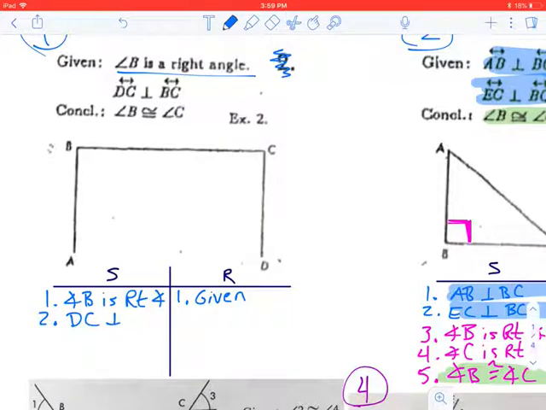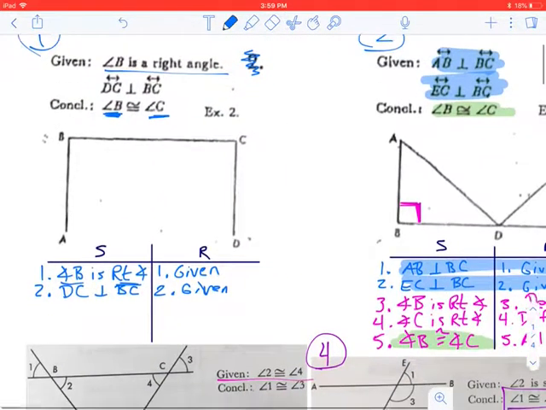DC is perpendicular to BC. Okay, and it's also a given. So free points so far. Now, if B is a right angle, I'm probably going to try and get the other one, so C, to be a right angle. So you want to look at the end and see what they're looking for, but try and get the C to be a right angle.